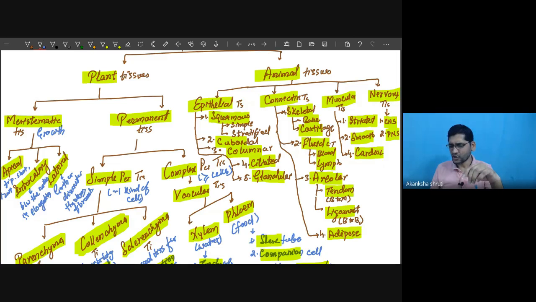Next are cuboidal and columnar. Our intestine is where the diffusion of glucose from the intestine to the blood has to take place.